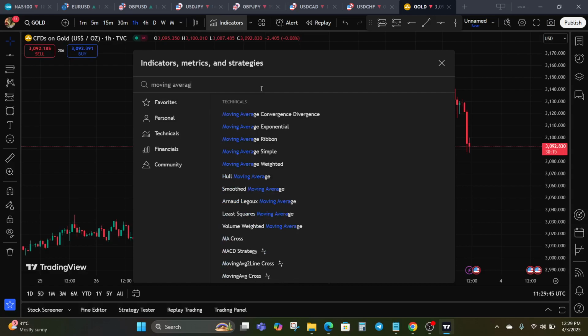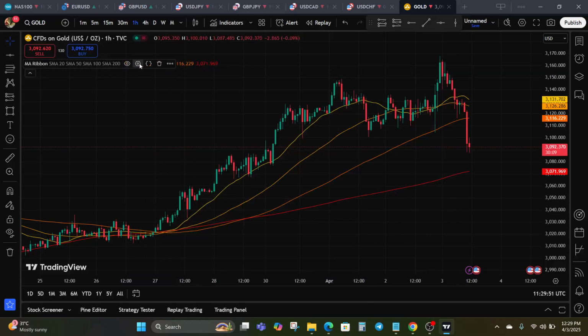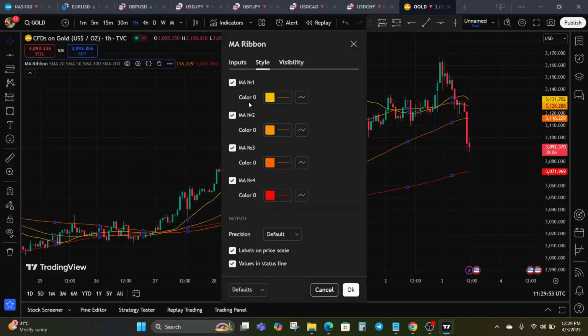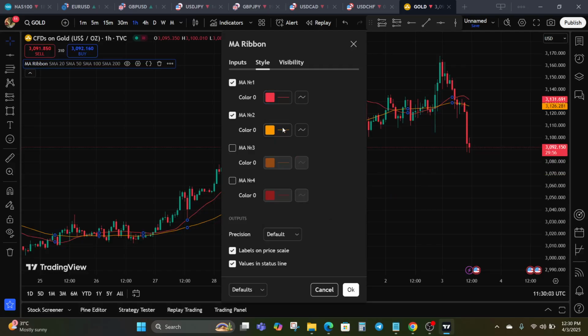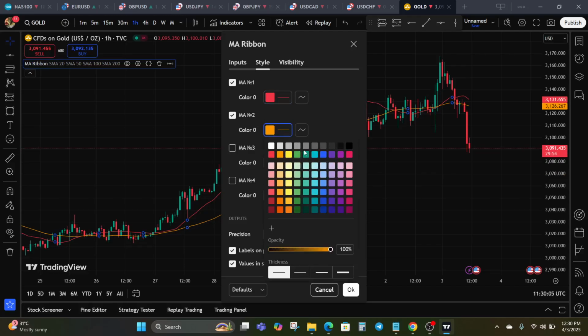First of all, we are going to be adding the moving averages to the chart. We're just going to use the ribbon moving average, but we are going to use just two. All right, let us use contrasting colors.